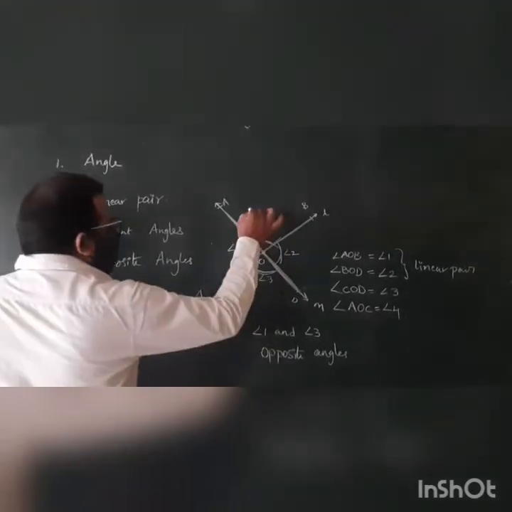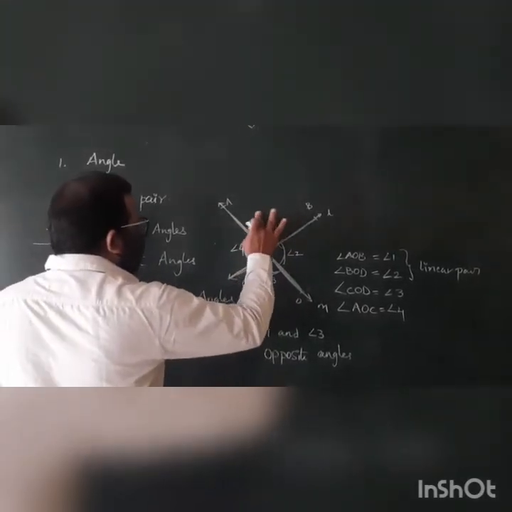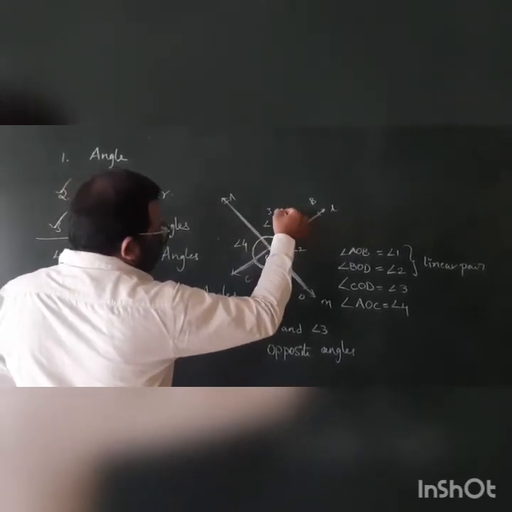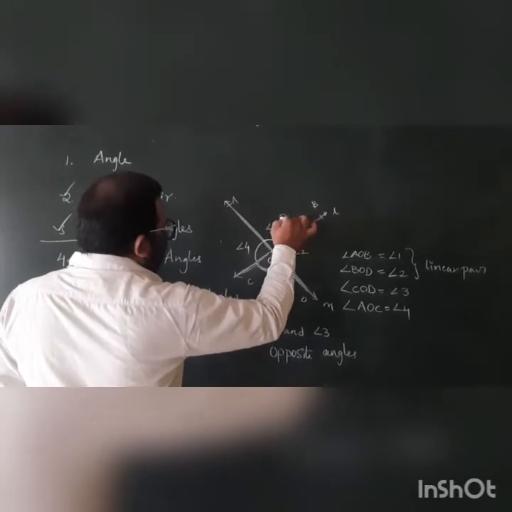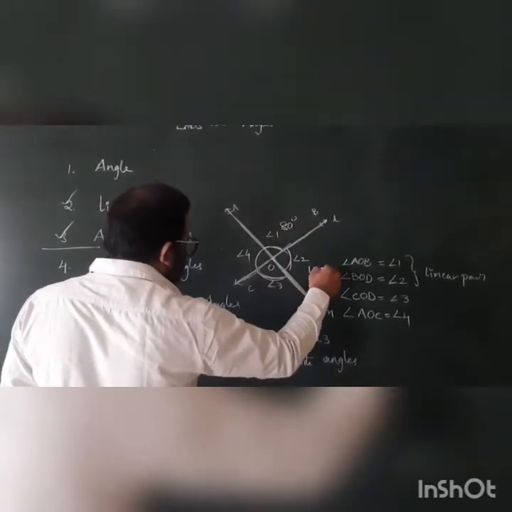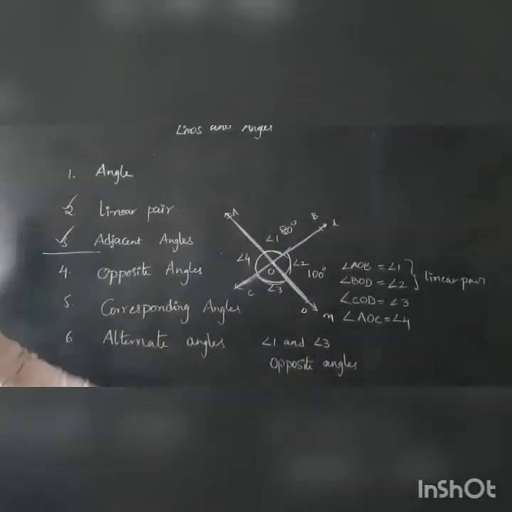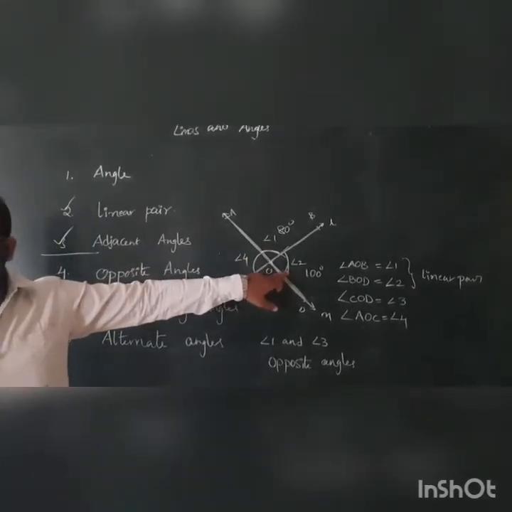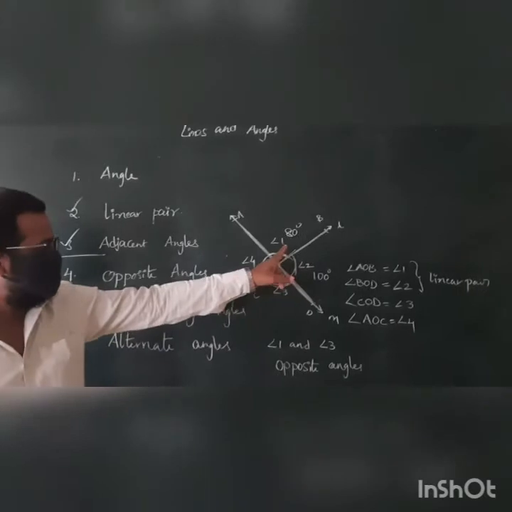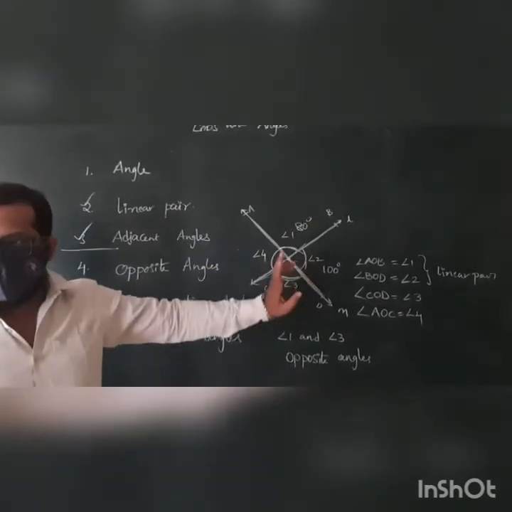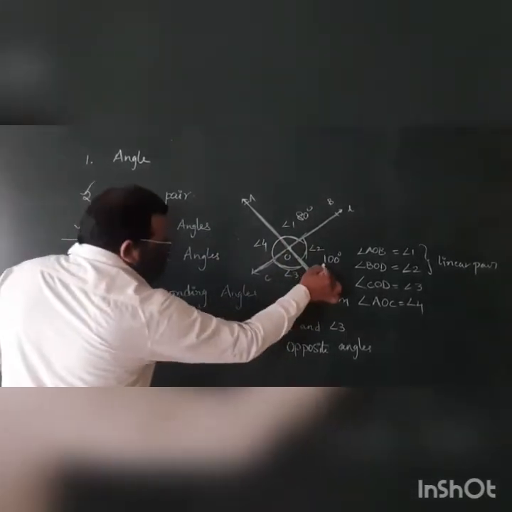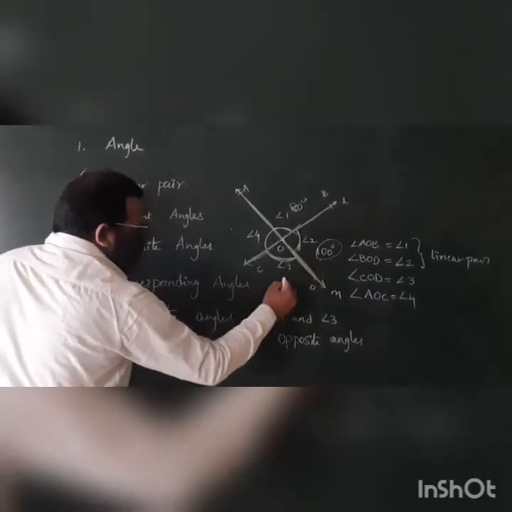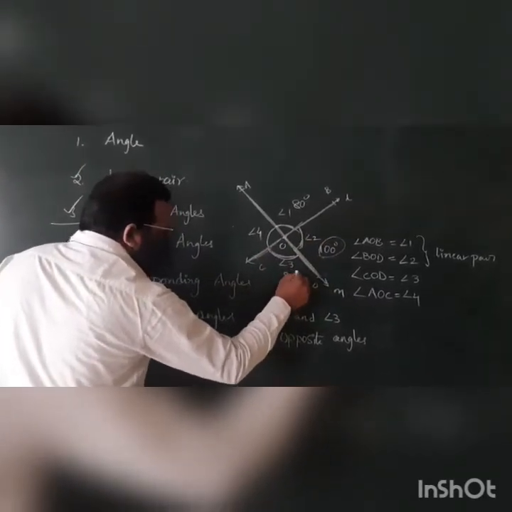Let us take one example. I am taking this one as 100 degrees. And if you observe, angle 1 plus angle 2 should be 180, as they are a linear pair. Now this is 100. What about this one? These two are a linear pair, so this will be 80.